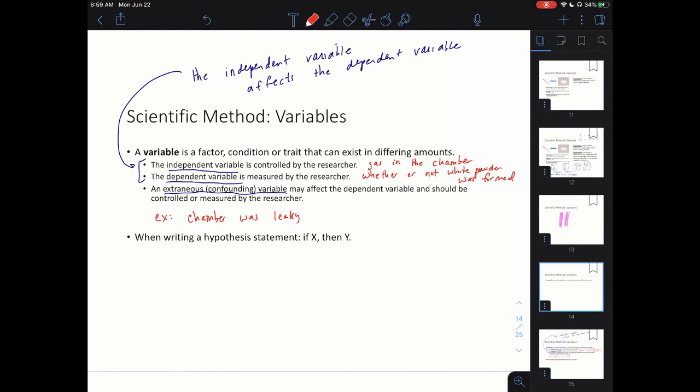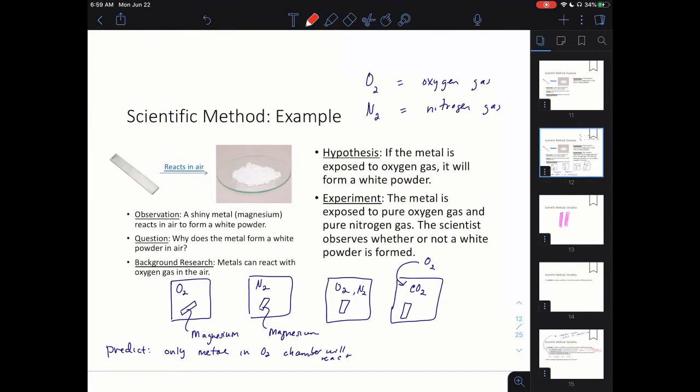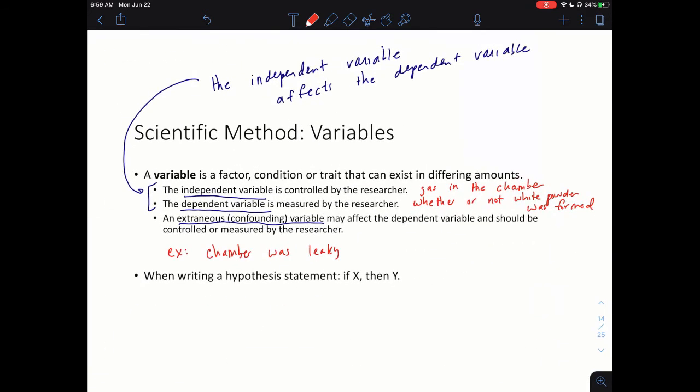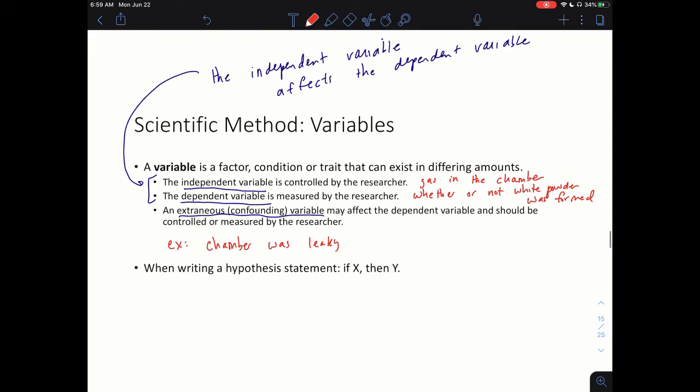I might see a reaction in the carbon dioxide chamber, even though I thought there was no oxygen, but there was because it was leaky. So extraneous or confounding variables may affect the dependent variable and should be controlled or measured by the researcher, just so we can keep them in mind.